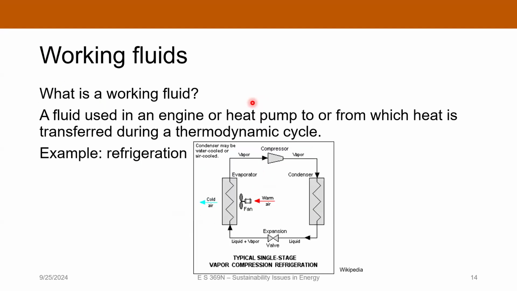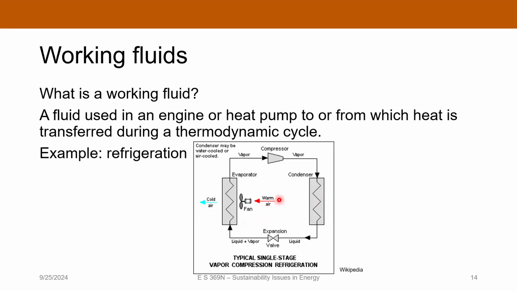Okay, and then the last utilization step here is as a working fluid. So working fluids are what are used in an engine or a heat pump, and you transfer heat to or from them during a thermodynamic cycle. So a really good example of this is a refrigerator.